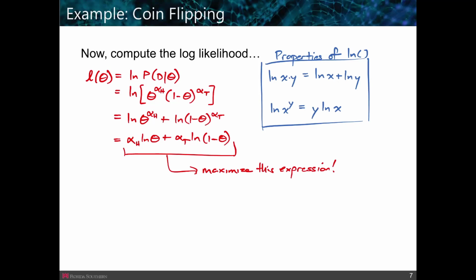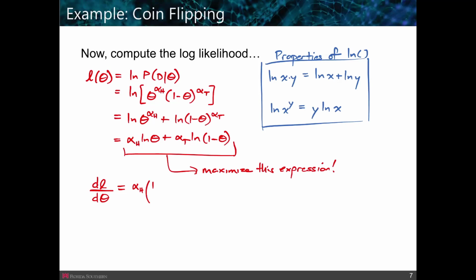So let's do that here. If we take the derivative of the log likelihood with respect to theta, now this, I probably should have written this in this blue box to the side. The derivative of the natural log of some variable x is equal to 1 over x. So here, this alpha h is just a multiplicative factor here.